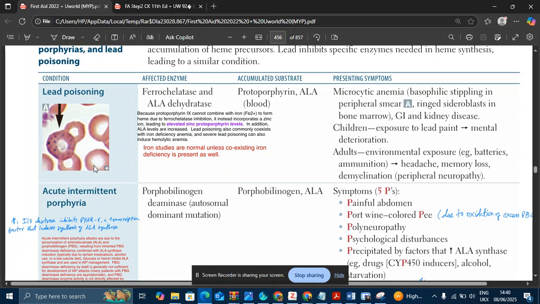Okay, now what are the symptoms of lead poisoning? You should remember this first, and it is very important. We will see different kinds of symptoms: neuropsychiatric symptoms, gastrointestinal symptoms, and general symptoms.